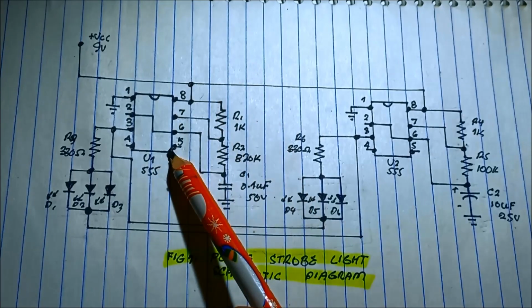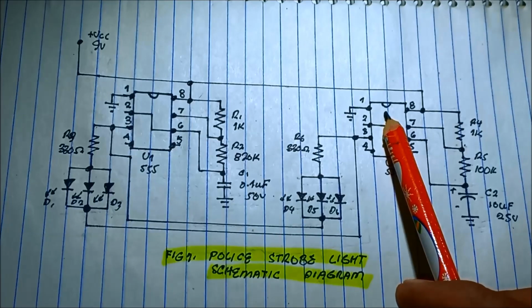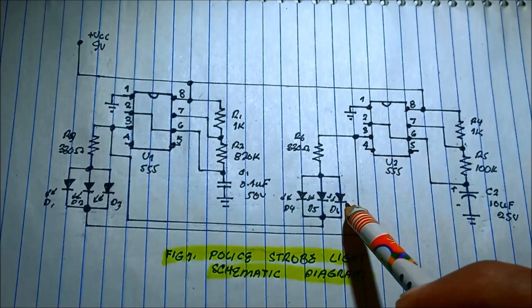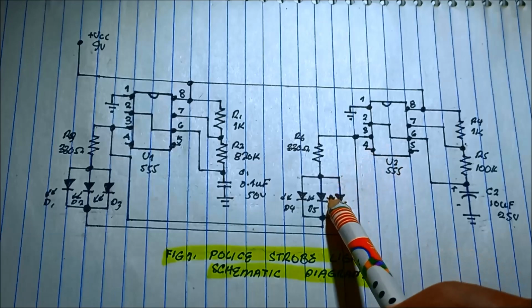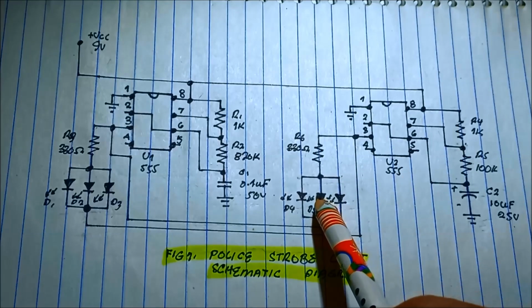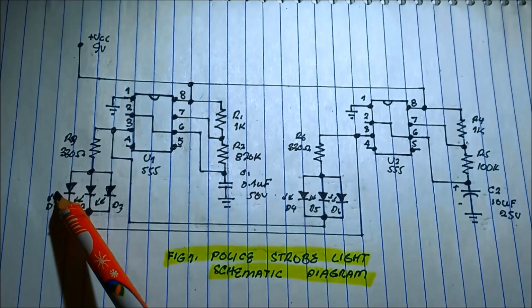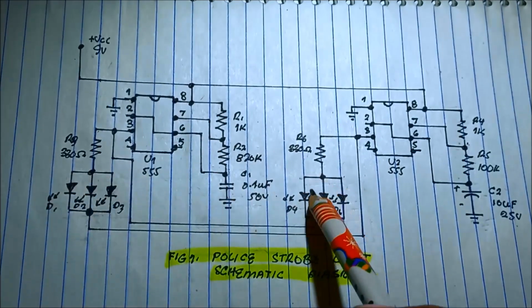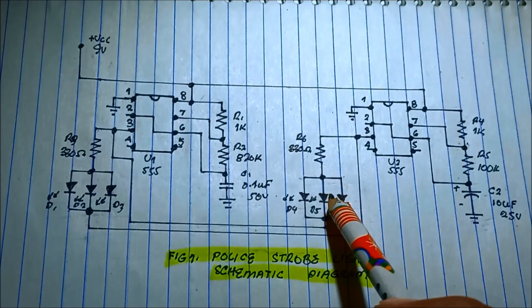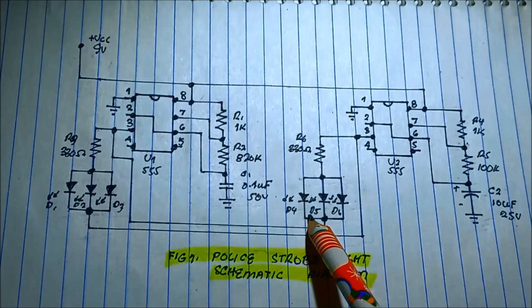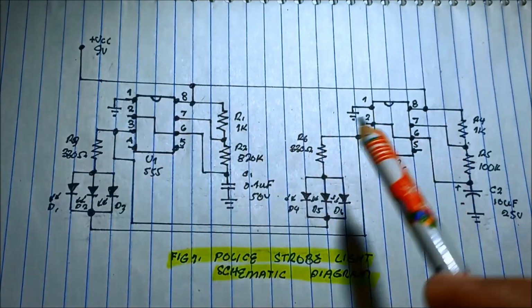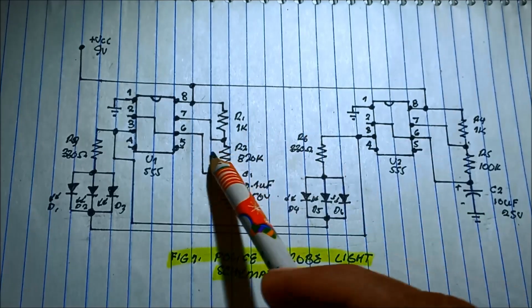So this one is an oscillator, and the other one is an oscillator. To the left we have this blue LED, to the right the red LED. Two oscillators connected together.